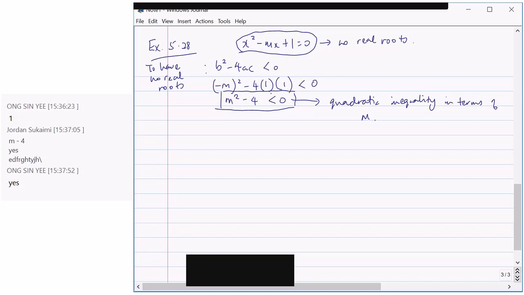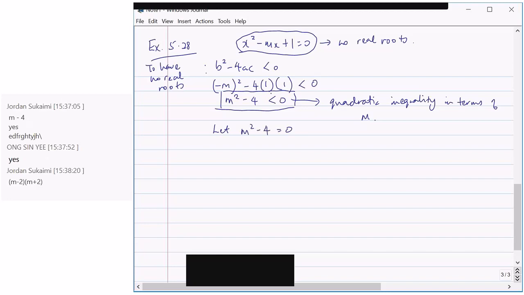So Jordan, what is the first step I need to do to solve this quadratic inequality? Okay, first step I must do is to let it equal to 0, right? Remember, don't care about the inequality first. Let it equal to 0 first, then factorize. So you have two answers.